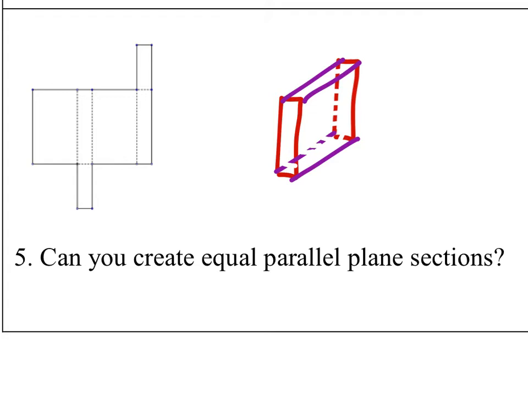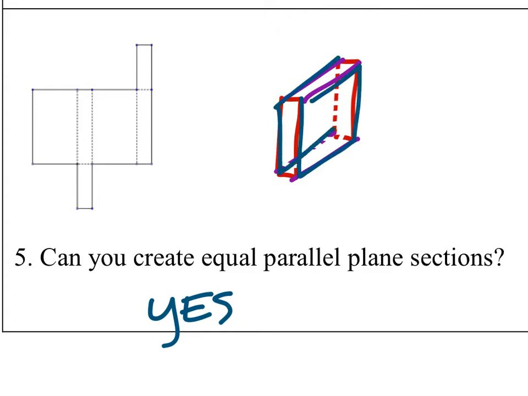And does this have any equal parallel plane sections? Yeah, sure it does. Just like the other rectangular prism we saw. We could say that the right side right here is parallel to the left part, or for example, the front is parallel to the back. So yeah, this has some parallel plane sections.